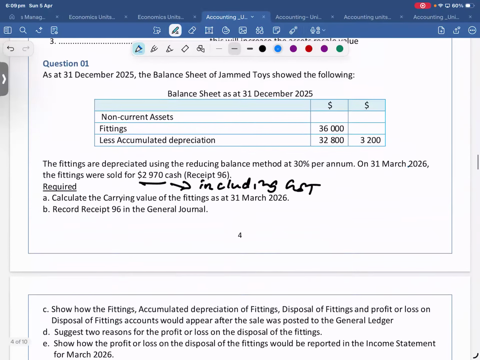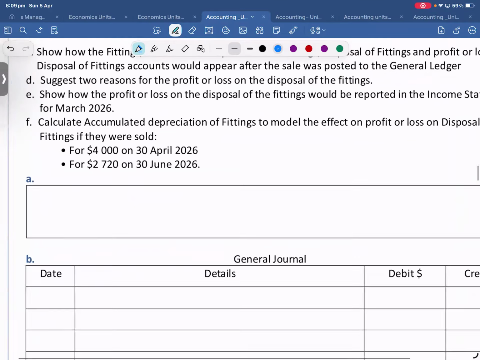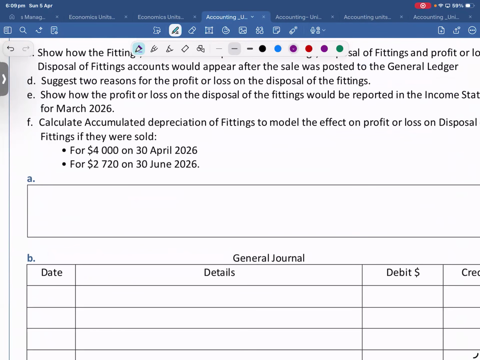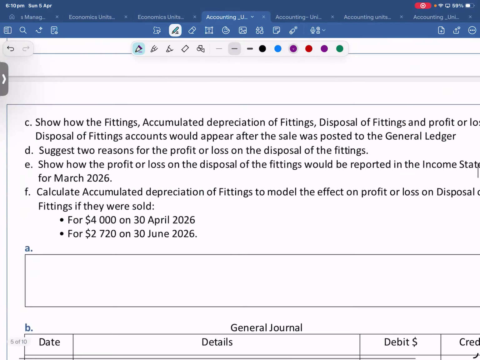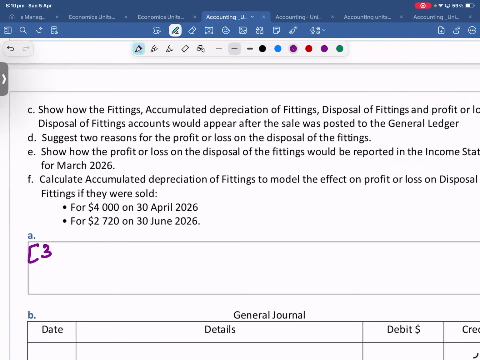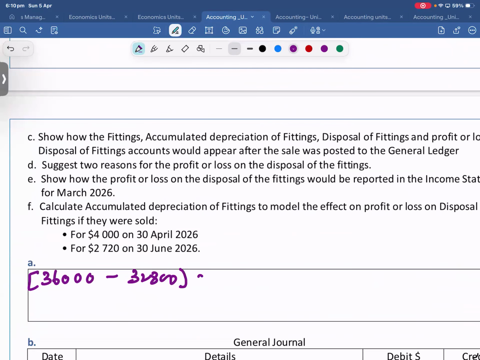Okay, guys, did you get the part A? How do you calculate the depreciation for this? You are getting the carrying value, which is 3,200 times by. How do you take it? 36,000 take away 32,800, which is equal to 3,200.